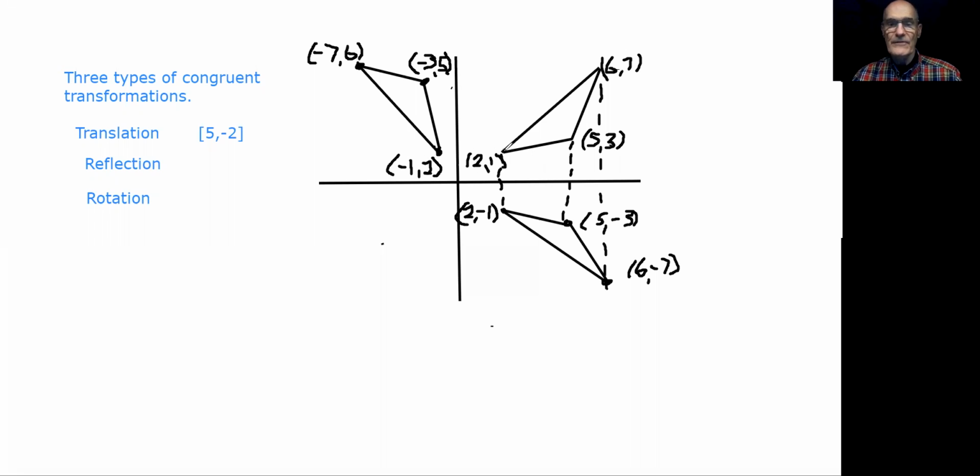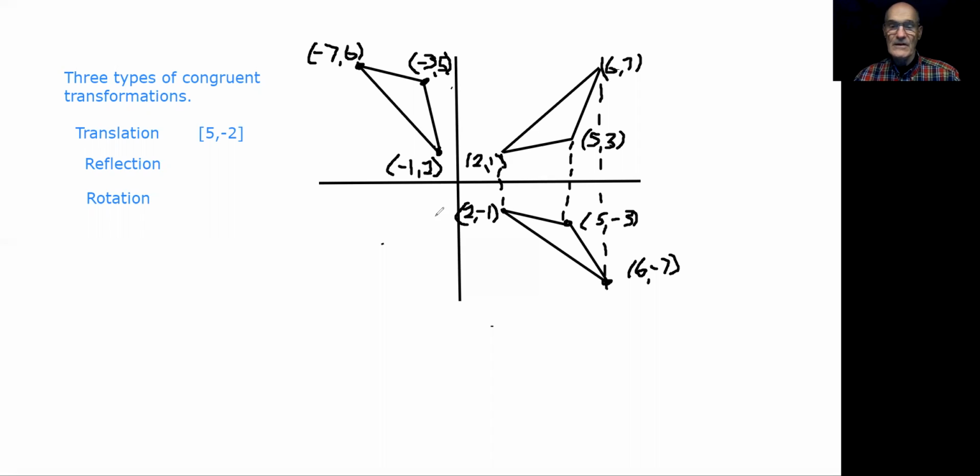Now, the interesting thing here, if you rotated this thing, not 90 degrees, but 180 degrees, you would go like this, and you would go down in here, and the 180 degree rotation would make each one of these coordinates negative. So you'd be down in here, and you'll find out that the 180 degree rotation would be the same thing as reflecting about the x-axis, which we've done here, and then reflecting this about the y-axis.